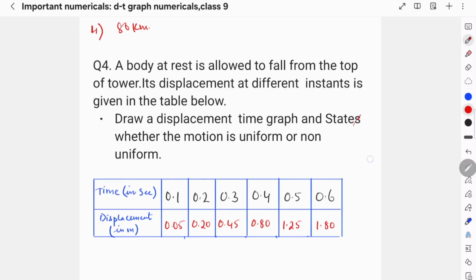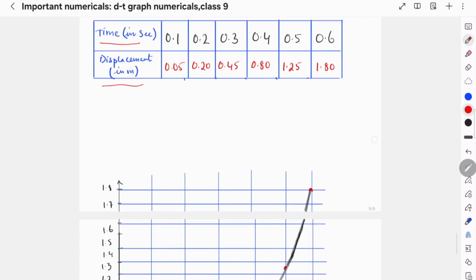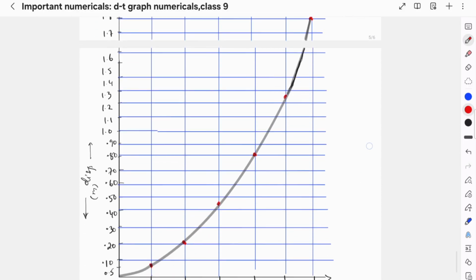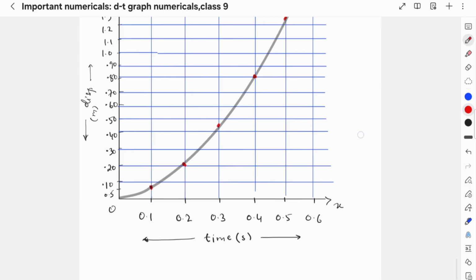So this is the table. This is the time given, and this is the displacement. So accordingly we have to plot the graph. So this is the graph.